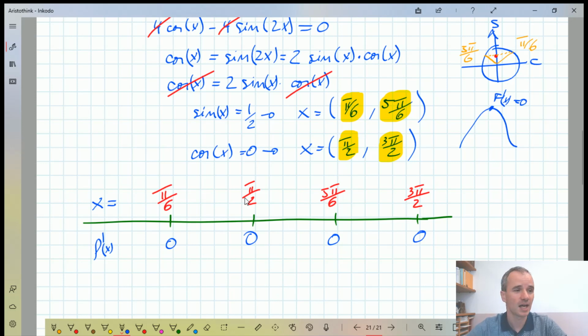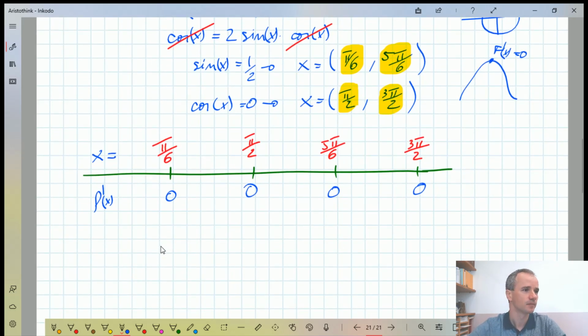So positive or negative. Now let's see. What can we do in here? Well, any point in this range is going to be enough to put the plus or the minus sign. Why? Because the function is going something like this.